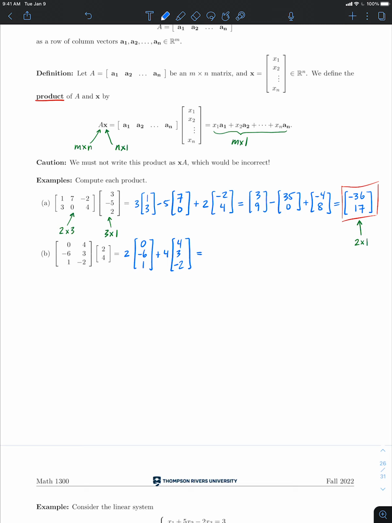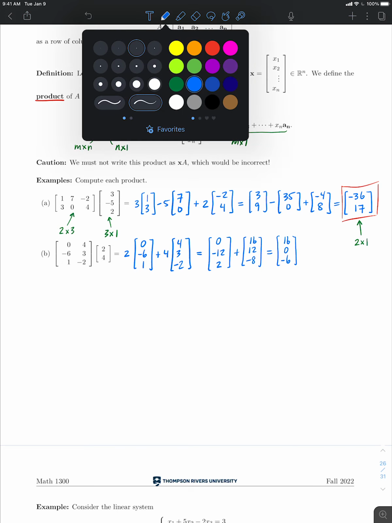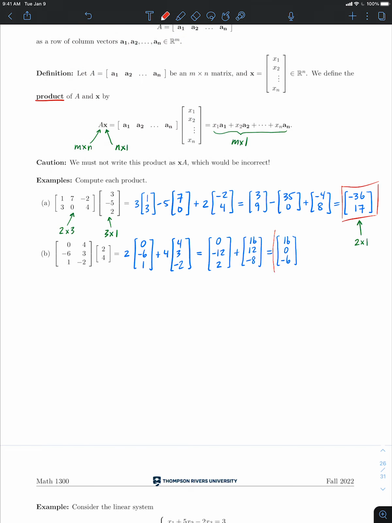We'll multiply the 2 and the 4 in, and we'll get 0, negative 12, 2, and 16, 12, negative 8. And then when you put these together, you're going to get 16, 0, and negative 6. So that is how we can multiply vectors by matrices.